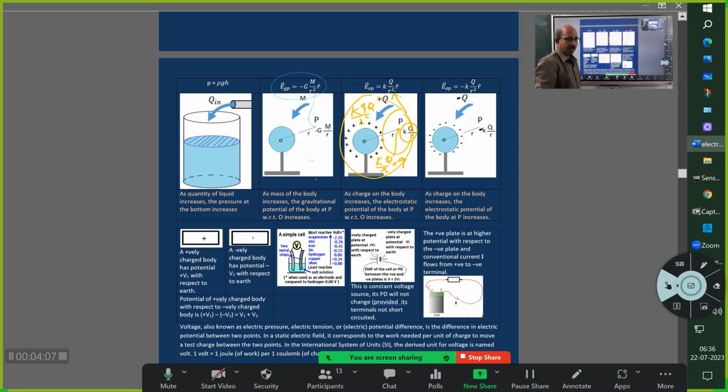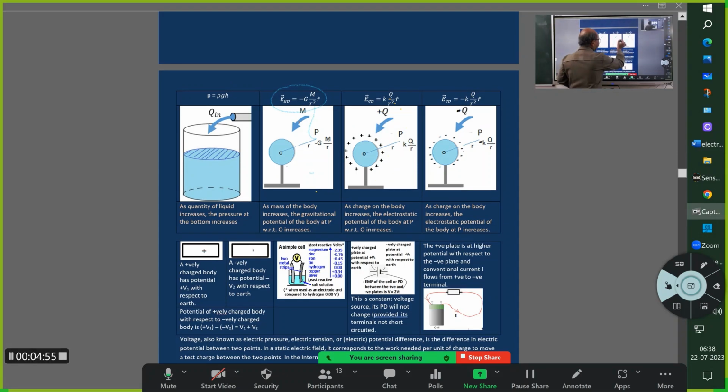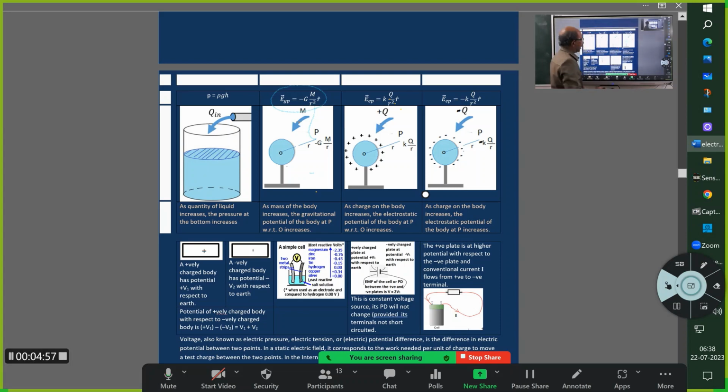The small q is the charge of the small object, the charge that you are going to place here. The value of the electric field at this point depends upon the charge and the distance: KQ by R square. That whole entity gives you the electric field at that point.